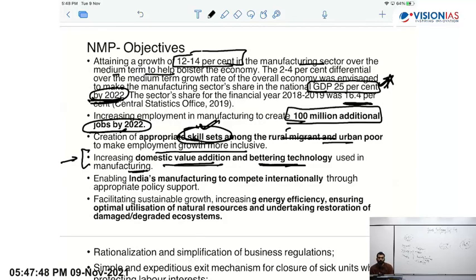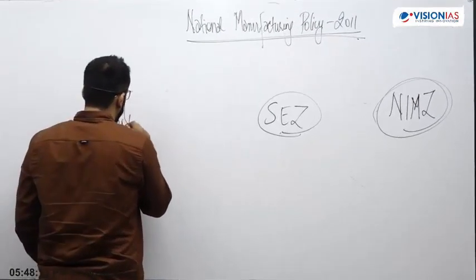The moment you liberalize the trade policy, this we will discuss in 1991 reforms, the moment you liberalized imports, your domestic value addition fell. Now there will be no technology. See what used to happen before 1991. Your imports were restricted. This is pre-1991.